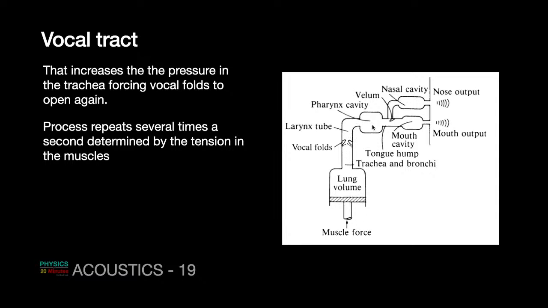Then it goes to one cavity, and then to one mouth cavity and one nasal cavity. This is the pharynx cavity. Then you can control these three cavities suitably to see what the output is. This is one of the primitive models. There are more advanced and more detailed models. We will talk about them in the next class.